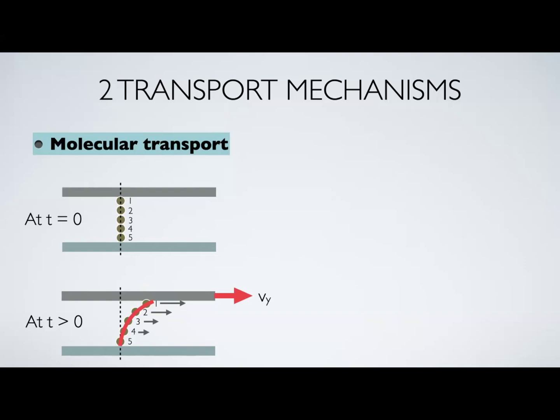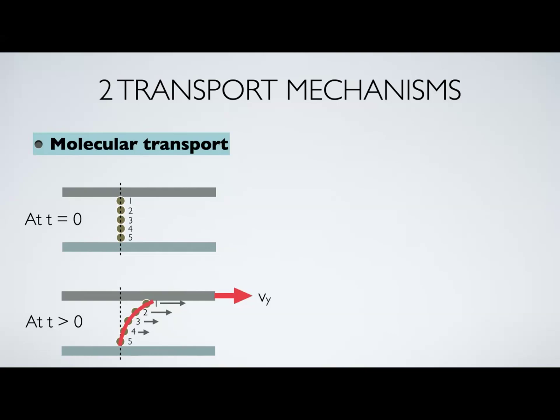So there is a distribution of velocity now along the y-axis, because the velocity of molecule 1 is higher than that of number 2. Same thing, the velocity of 2 is higher than that of 3, and then 4 to 5. The velocity of number 5 is equal to 0, because the bottom plate is fixed. It's not moving, so the velocity here is 0, according to the no-slip condition that I mentioned last week.